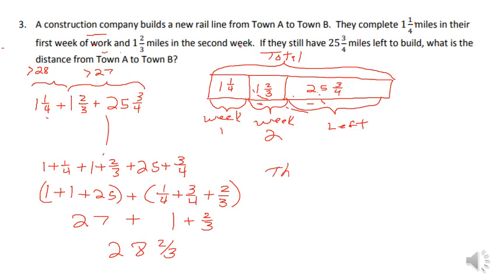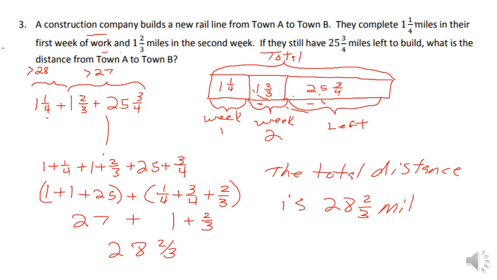The total distance is 28 2/3 miles. Now let's go back and look at our estimate, see if it was correct. Now according to here, we said it was a little greater than 28. We have 28 2/3 miles, so it is reasonable.